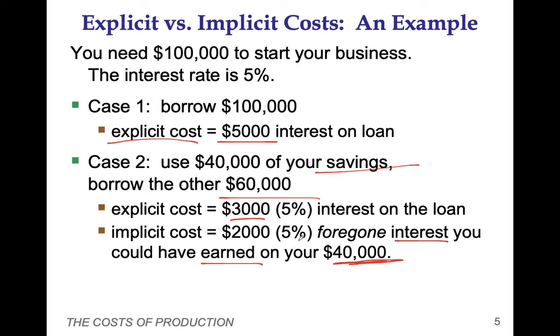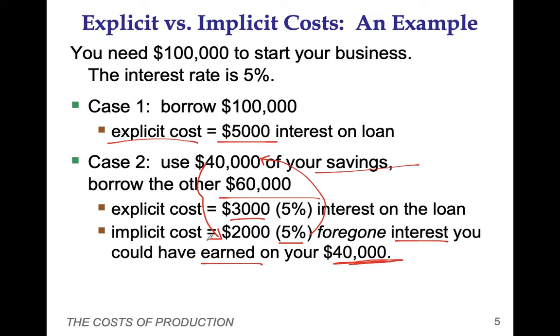If the interest on savings is 5%, 5% times $40,000 gives $2,000.